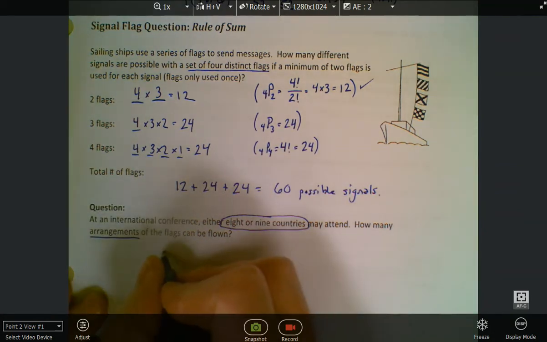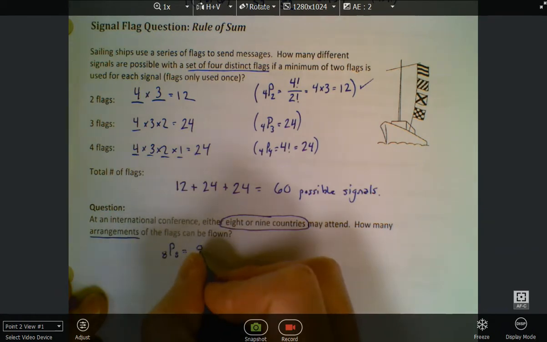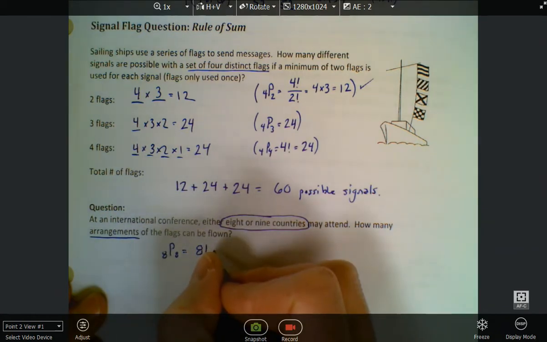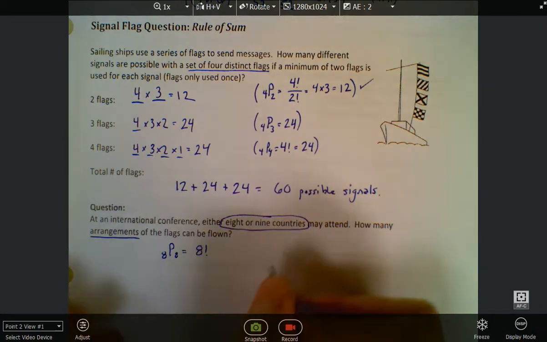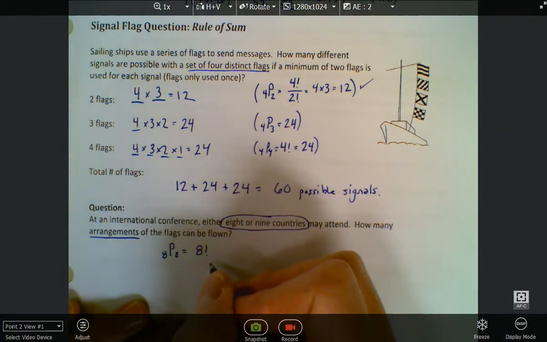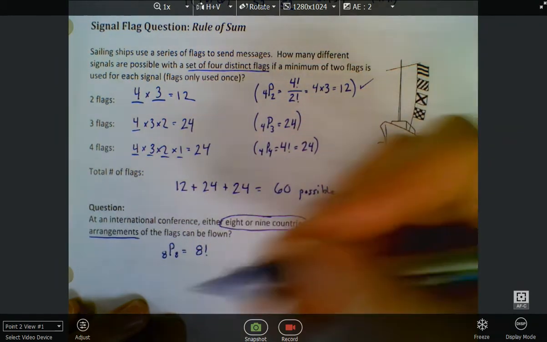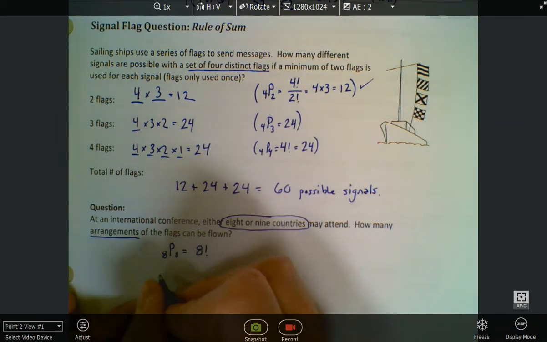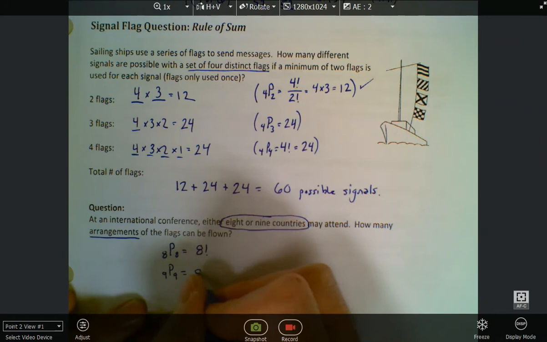Well, if you have 8 items and you're taking all 8 of them, that's simply 8 factorial arrangements, which is quite a bit, okay? And again, we could have just done the fundamental counting principle and done 8 times 7 times 6, all the way down. Now, if 9 countries show up, and we take all 9 of them and we want to arrange them, there are 9 factorial ways of arranging them.